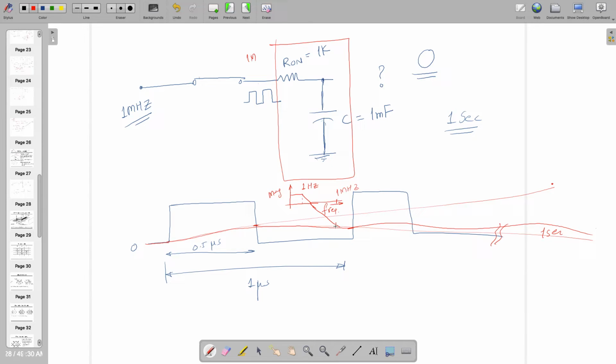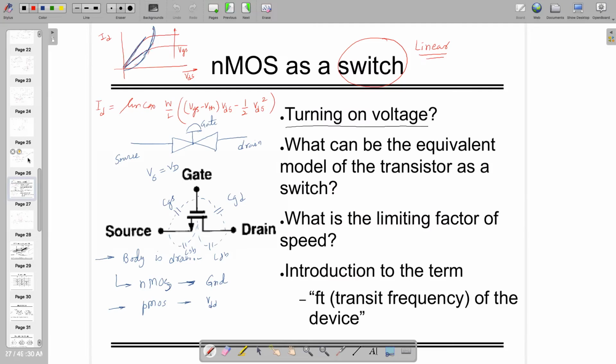So all these things are depending on the transistor equivalent model. None of the circuits will be there which does not have any parasitics. All will have parasitics, and all will create R and C, or all will have some bandwidth. So this is the limiting factor for us. R, C, sometimes L also, right?